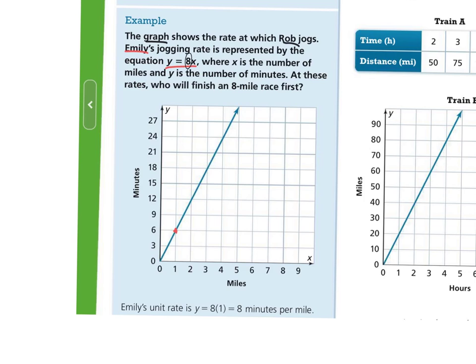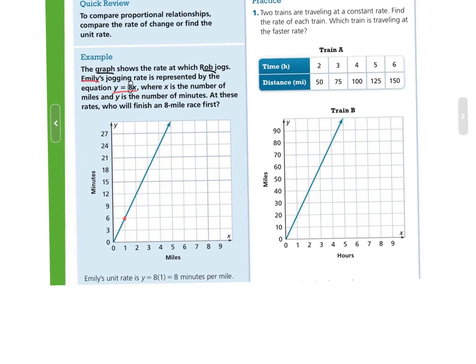Rob is actually 6 minutes per mile. This is kind of confusing because we're used to it probably as miles per minute instead of minutes per mile. So actually, if it takes Emily 8 minutes for a mile, and Rob is 6 minutes for a mile, then Rob is actually a quicker runner.